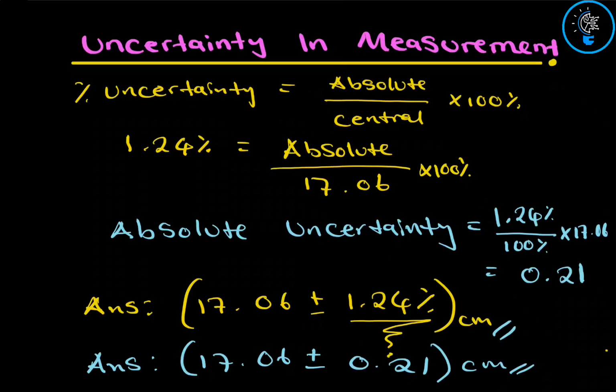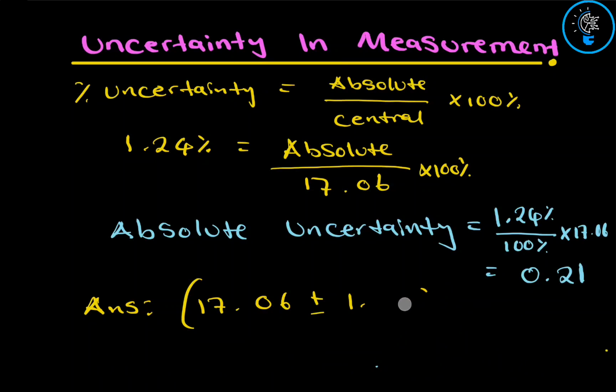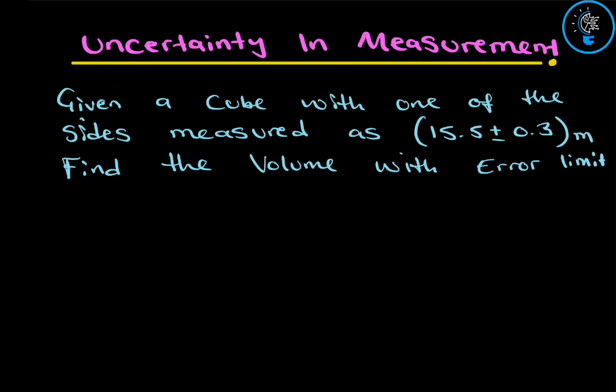Okay, let's now jump to the last law that you need to know, which is the law that governs formulas with powers. Okay, so we are given a cube with one side measured as that. Then we are told to find the volume with error limit.